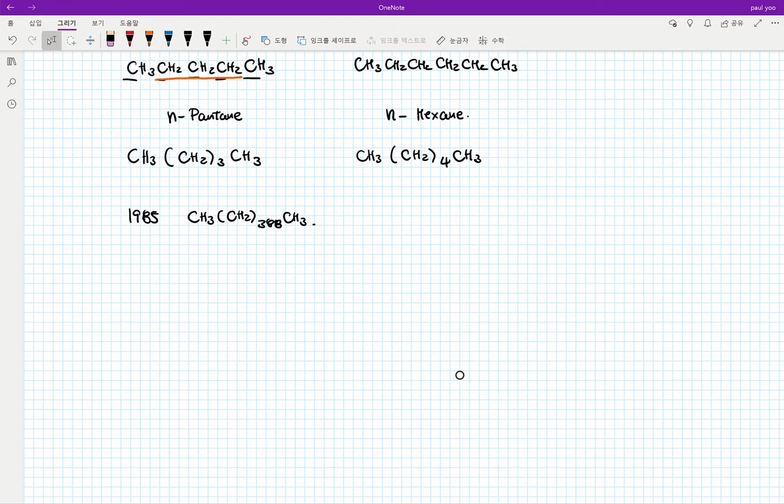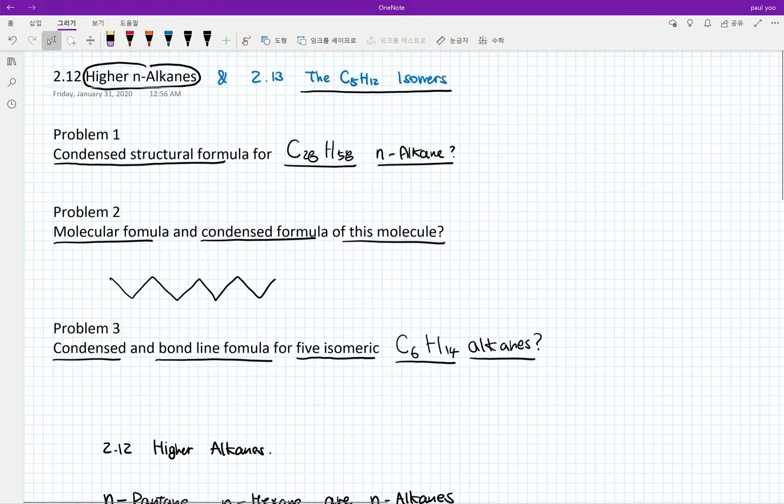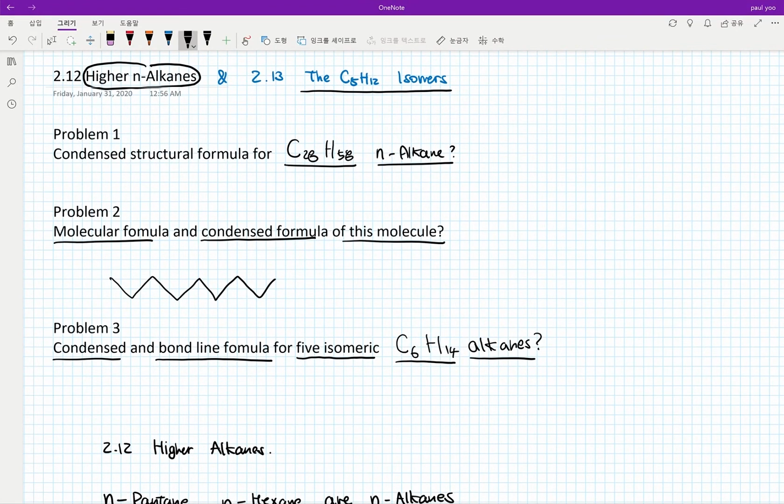Then let's do the problem that we were talking about. Problem 1. The condensed structure formula for C5H12 n-alkane. So let's first see if it is actually an alkane.